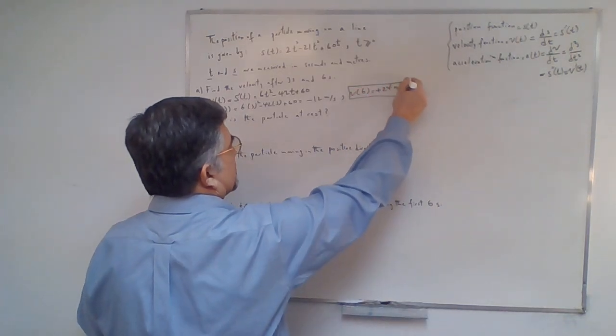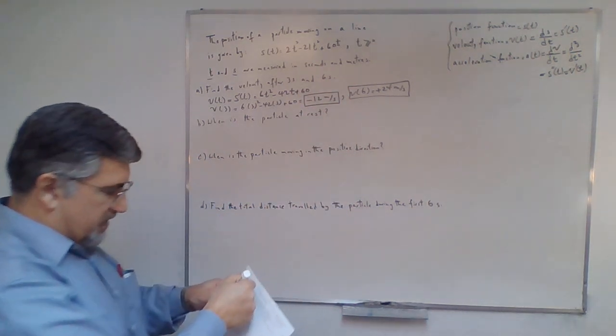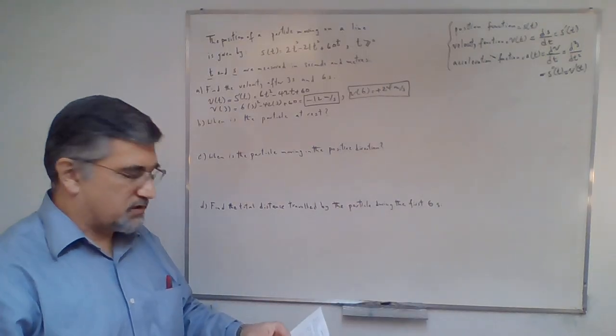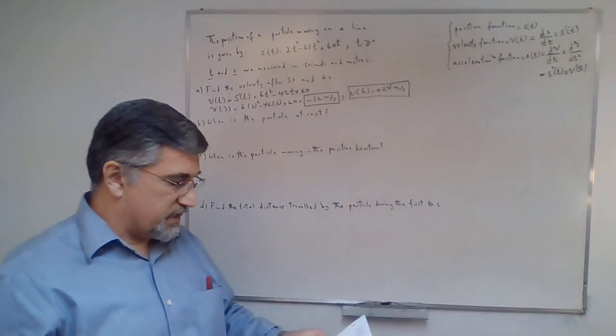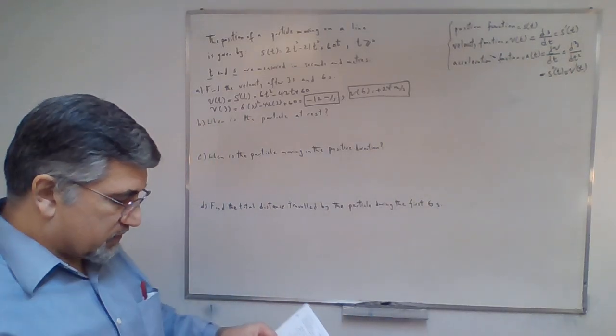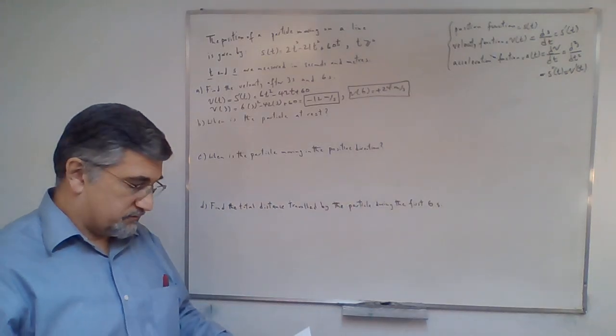So these are the answers. One answer is positive, one answer is negative, and that obviously means that the moving particle was moving in opposite directions at time t equals 3 compared to t equals 6. So we don't know what's happening. We need to figure it out later.